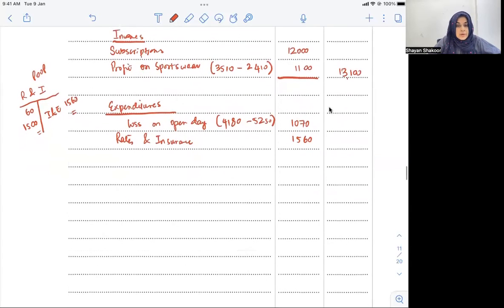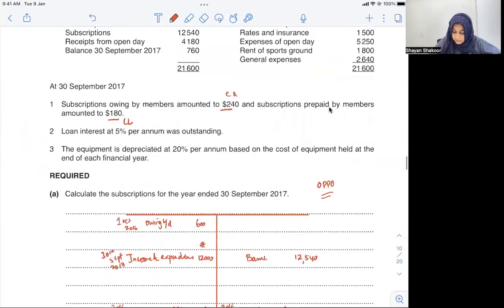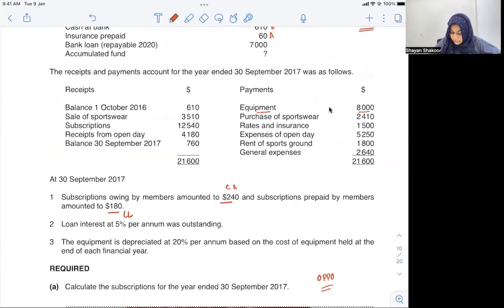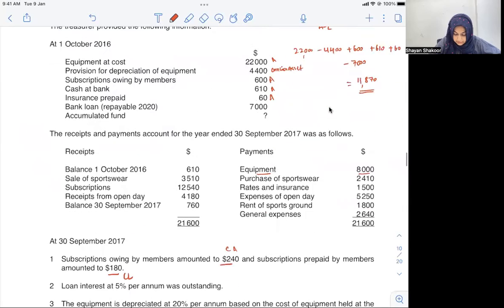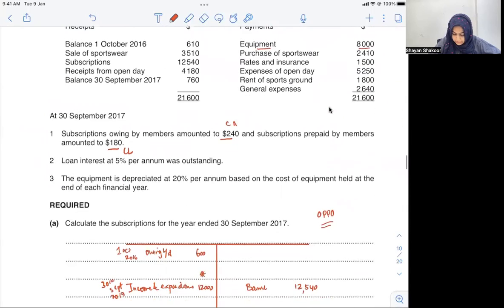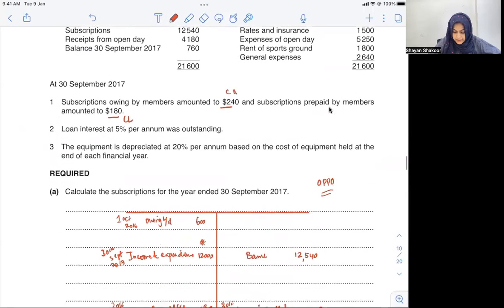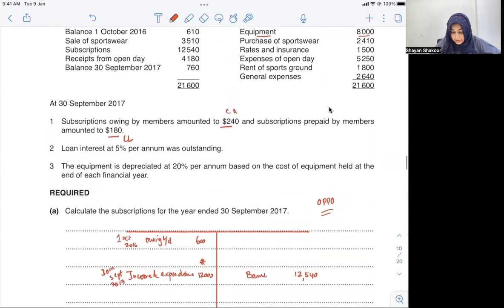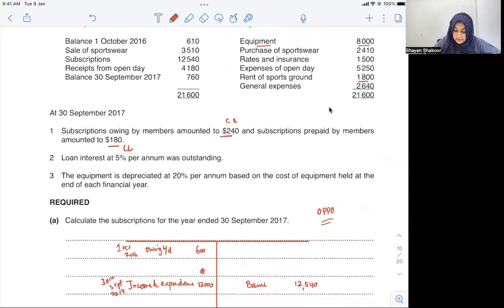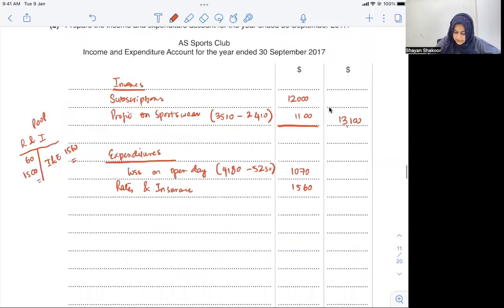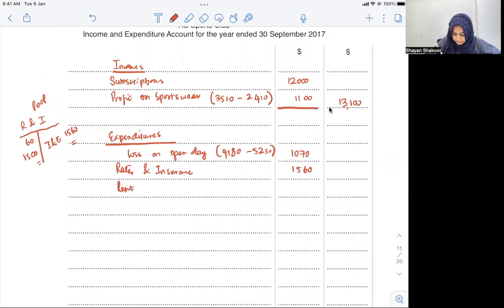Then we have other expenses too. We have rent of sports ground, and there is no opening prepaid or owing, and no closing prepaid or owing in rent of sports ground. So we just take it as it is, that is 1,800. So you write rent of sports ground, and that is 1,800.